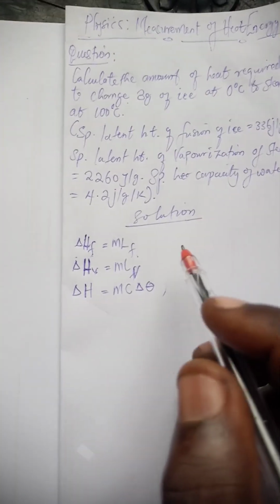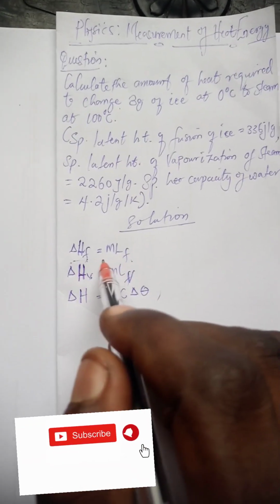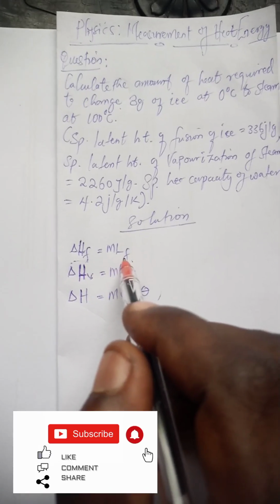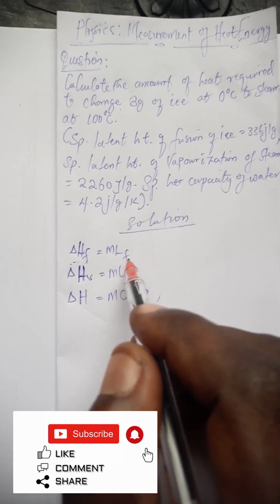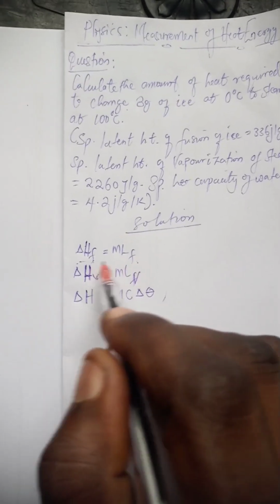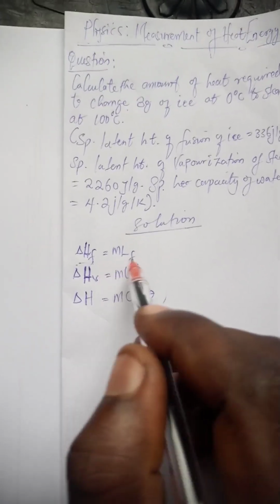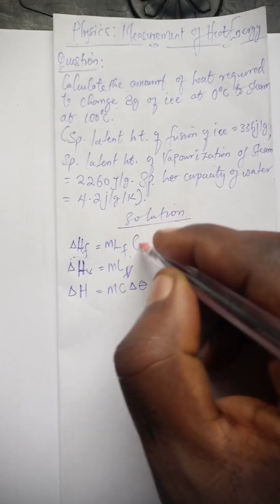Now, this first value is the heat change when the ice changes from solid ice to liquid water at the same temperature of 0 degrees centigrade. That is melting.